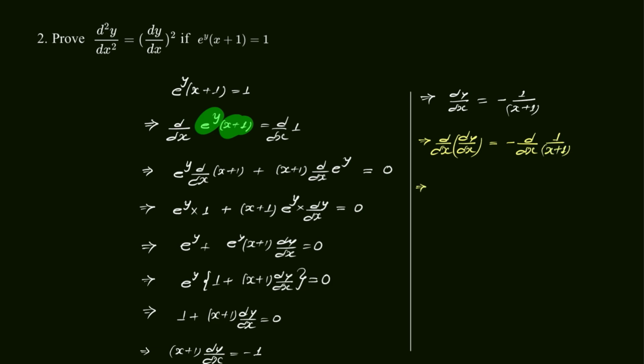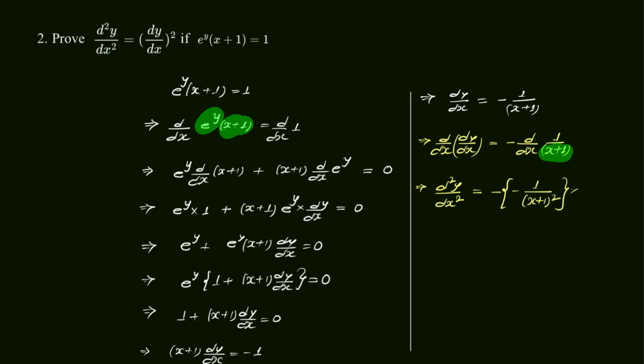So this is d2y/dx2 equals to minus, now if you remember, in the previous question I told you that d/dx of 1/x is -1/x square. So for a while I will consider everything as x, and the derivative of 1/x is -1/x square.